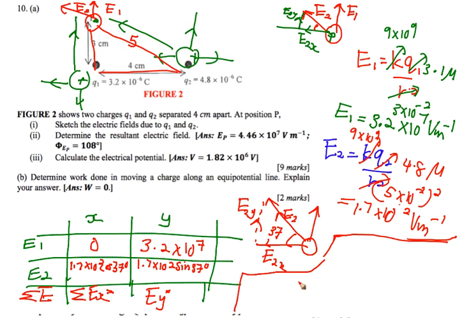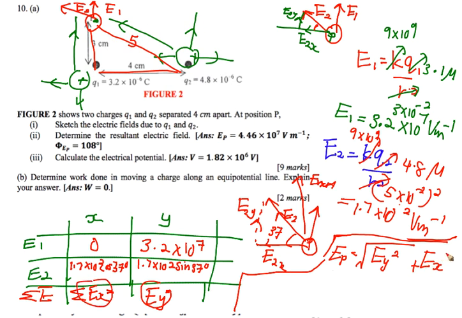And next, if you calculate the net E, you have the two fields here. E net at the point P, you can use the equation E equals the square root of EY squared plus EX squared.